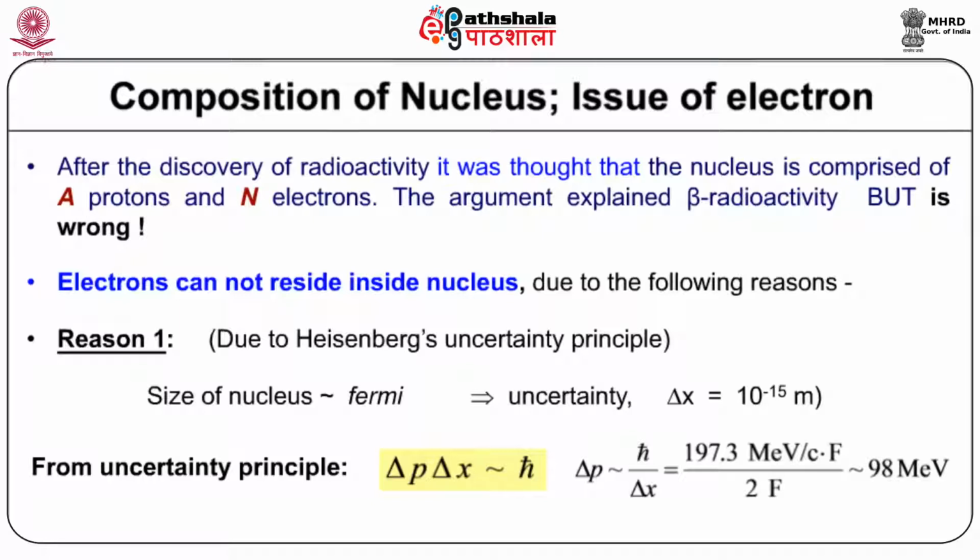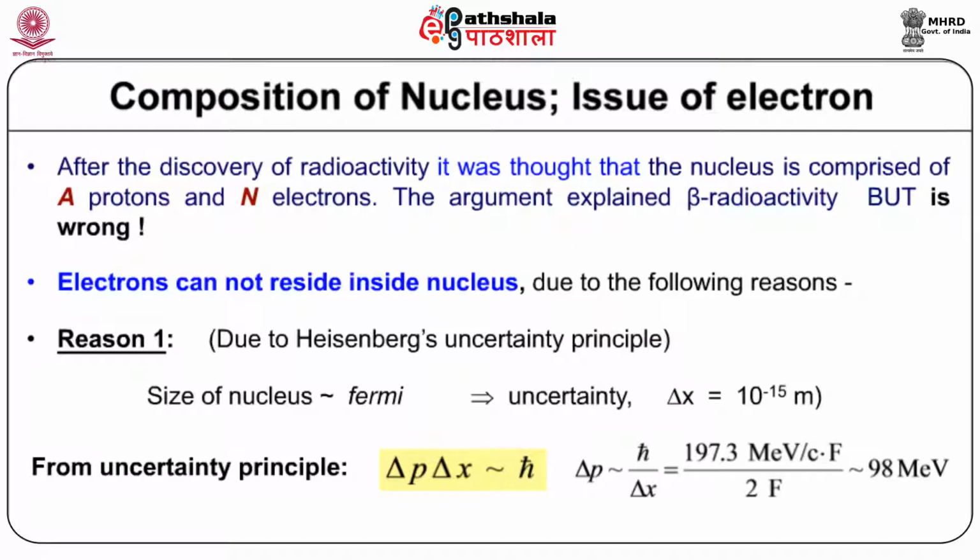Now Heisenberg postulated that in any quantum system, the product of the uncertainty in the measurement of size or position and the uncertainty in measuring the momentum of the particle is of the order of h upon 2 pi.